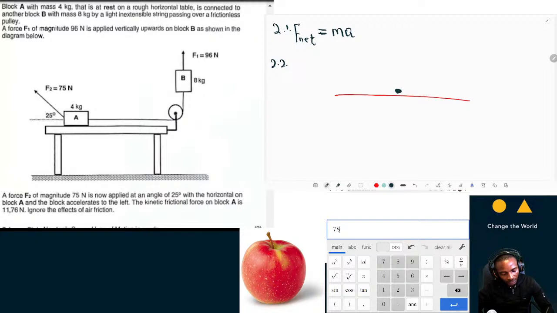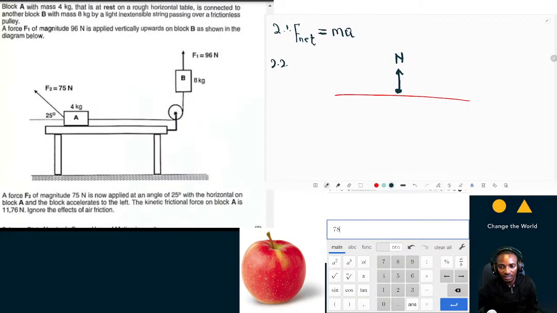We're going to represent this block as a dot. Then the surface exerts a force which is normal, or perpendicular to itself. So it will point upward. The normal force will be perpendicular to the surface.